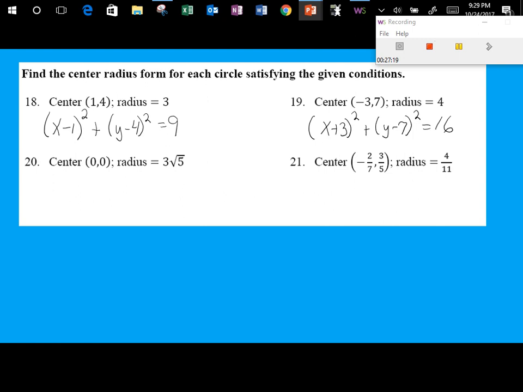My number 20, there's no movement left or right, so I've got x squared plus y squared equals, I need 3 radical 5 squared. To do that, 3 squared is 9. Square root of 5 times square root of 5 is 5, so this becomes 45.